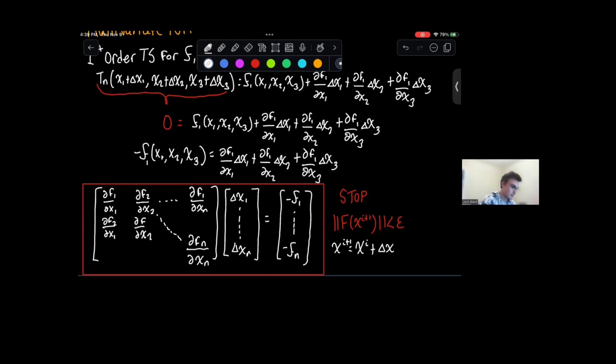And everything in these two matrices is evaluated at the current x. Then we're going to solve this system of nonlinear equations by solving for our delta x's and then updating our values. Let's open MATLAB and see how that works.